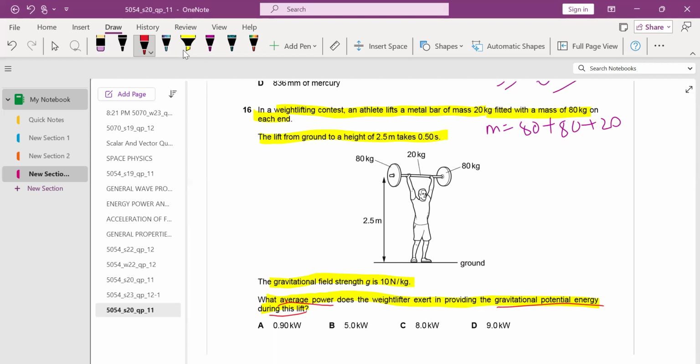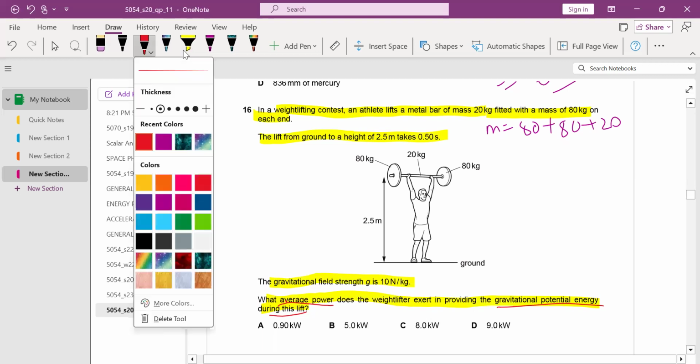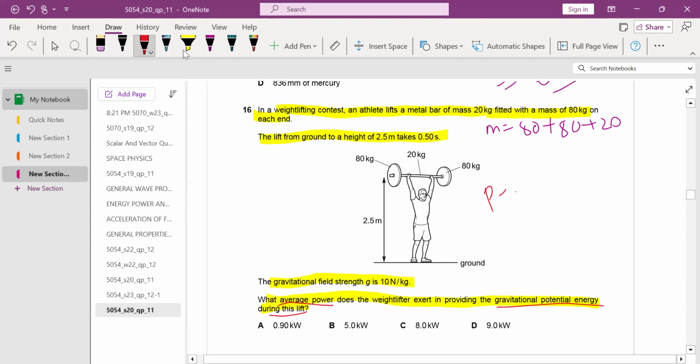Okay, now see. To calculate the gravitational potential energy, firstly you have to calculate the average power. The formula of power is power equals work upon time. This formula you will be using in the question. Now, how will you find the work?